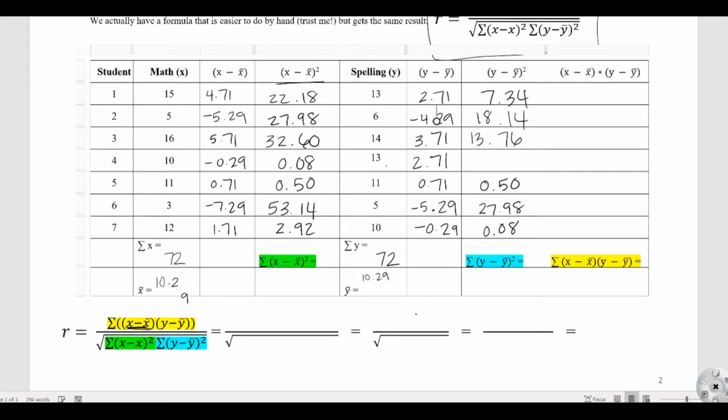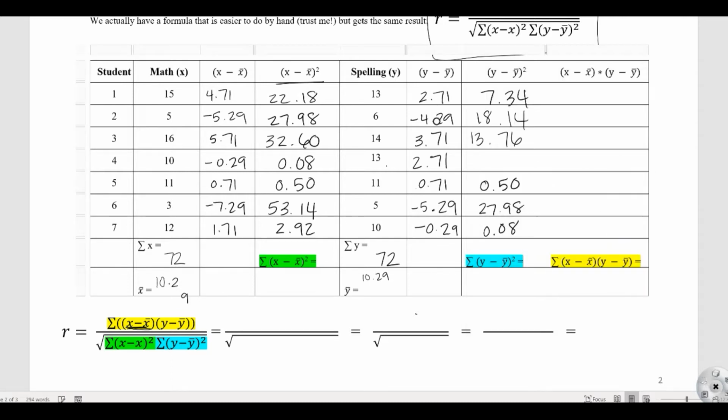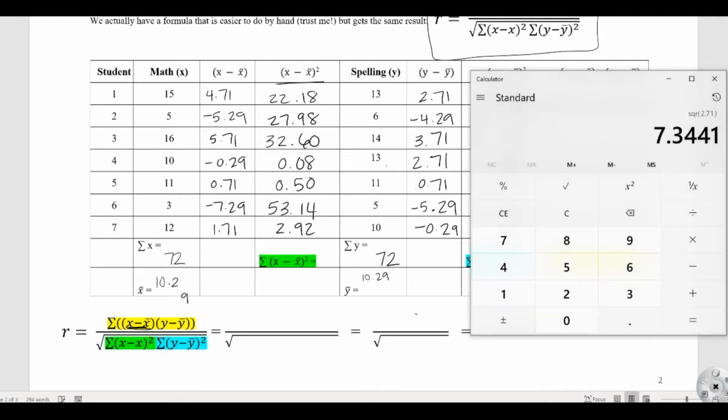And finally 2.71 squared, 7.34. You see how long this takes. And this is only 7 students. Imagine if you had like a sample of 500 people.